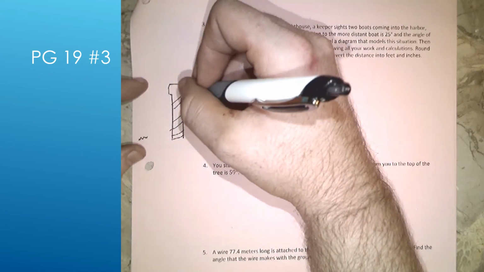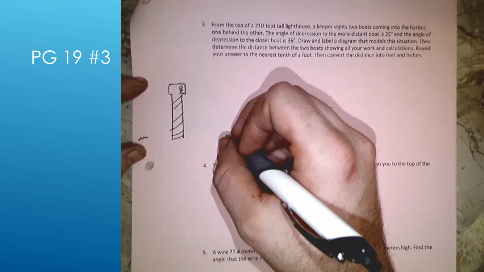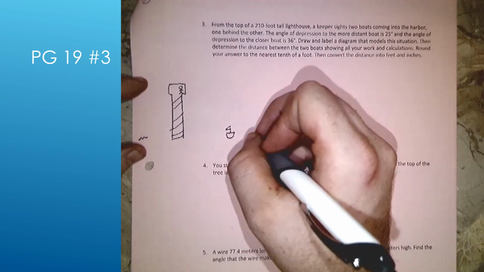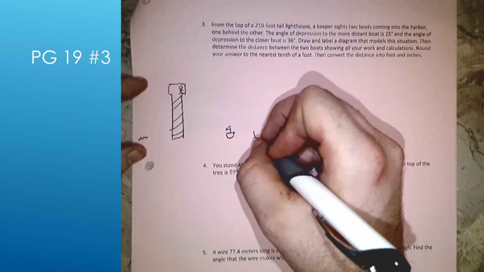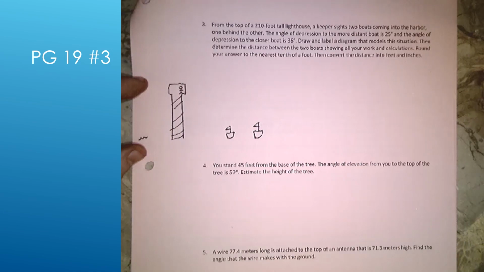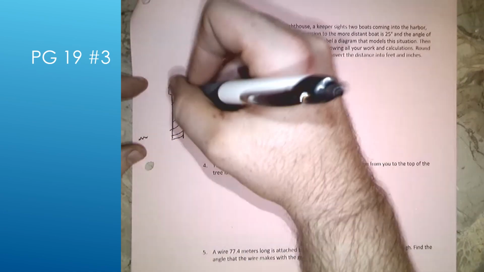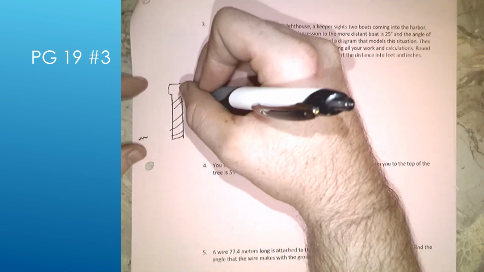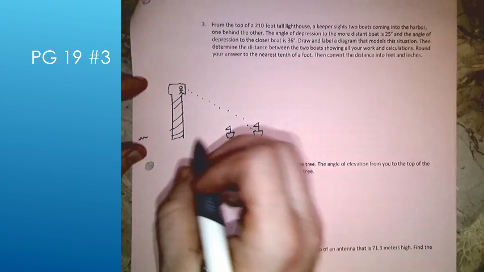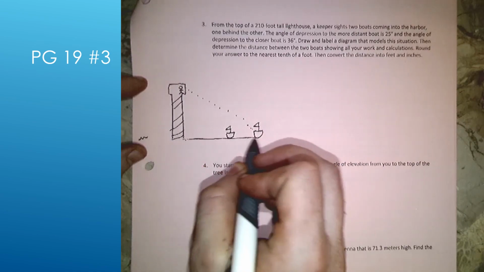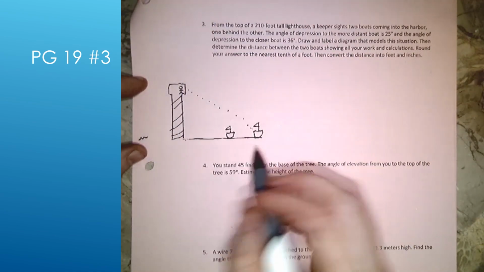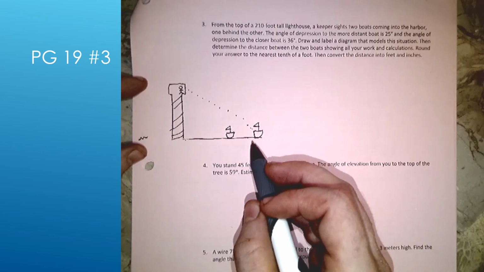He sees 2 boats in the distance. One boat is going to be farther than the other. The farther boat, so if I'm looking down here, the farther boat, here's my little C, is supposed to be having an angle of depression of 25 degrees.